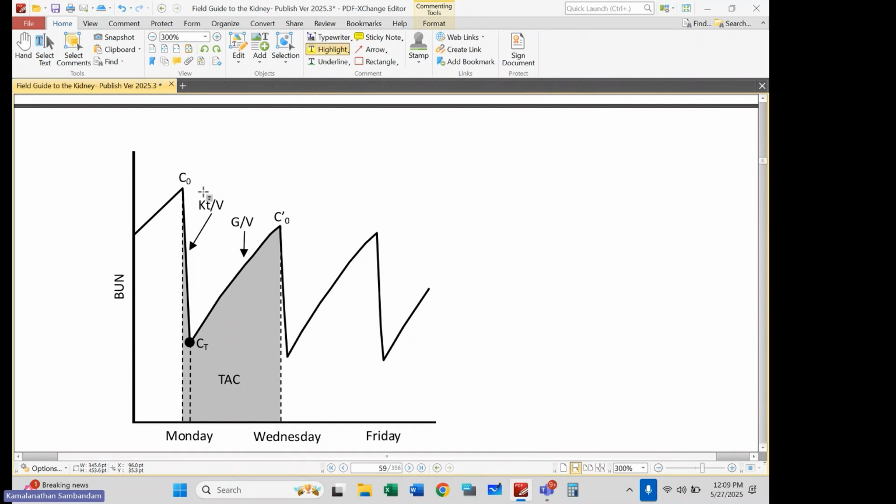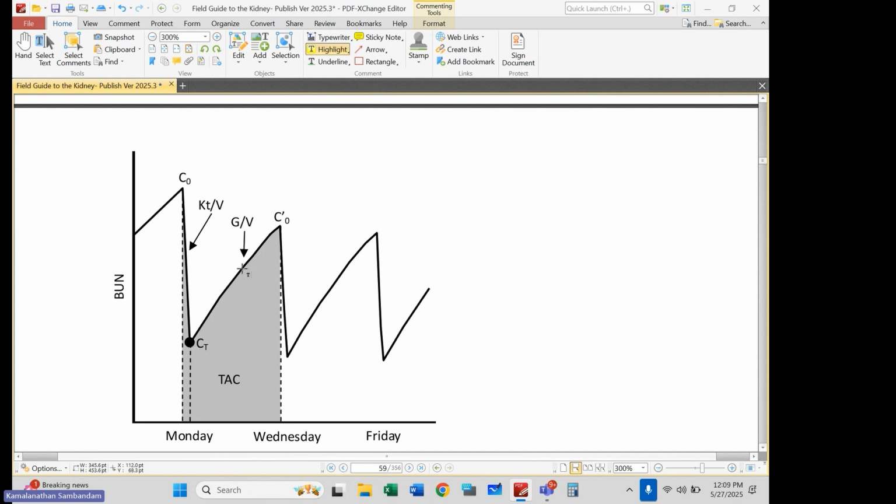This highlights the individual parameters that may affect dialysis dose, including the size of the patient, the time of dialysis, and the actual urea clearance achieved. All of those affect this value KT over V. And in total, KT over V would predict a certain drop in your BUN concentration.